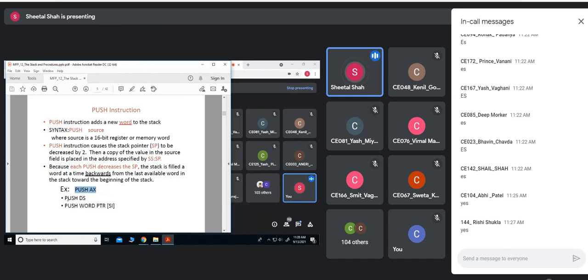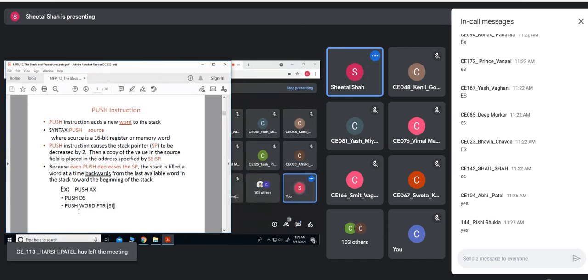Similarly, we can also push the segment registers' value. So here you can see that we have push DS. That means the data segment register's value we are pushing onto the stack. Whereas this is one more example in which memory's value would be pushed onto the stack. For example, here push word ptr [SI].